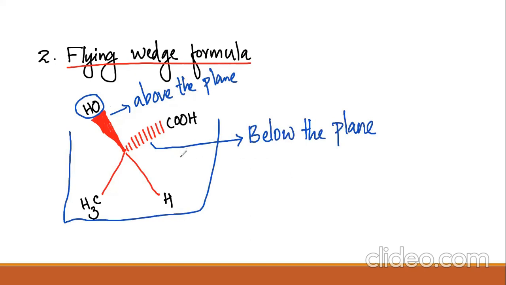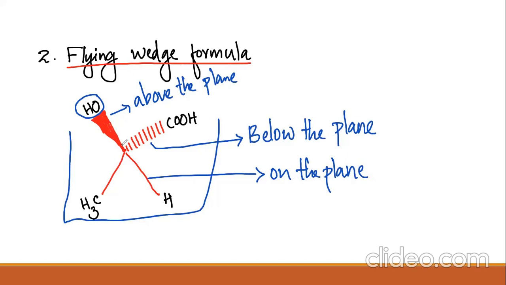Okay, that will be below the plane, and the straight line indicates that these bonds are on the plane, on the plane. So likewise we can represent a three-dimensional figure in a two-dimensional plane by representing each bond according to this flying wedge formula. Clear? I will explain it once more.